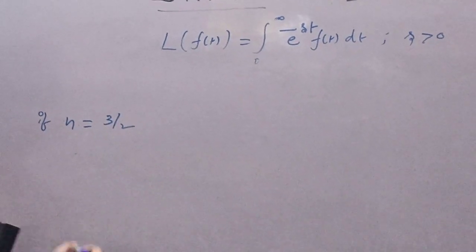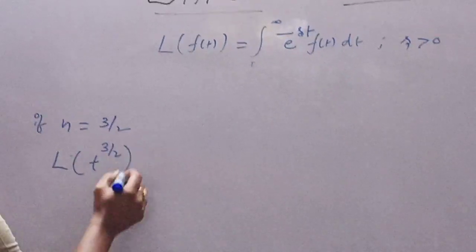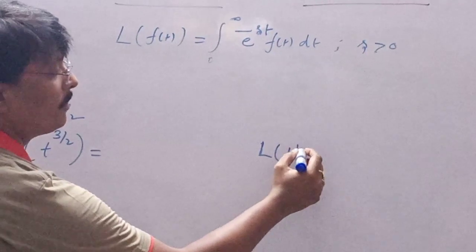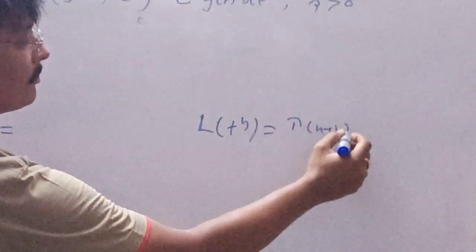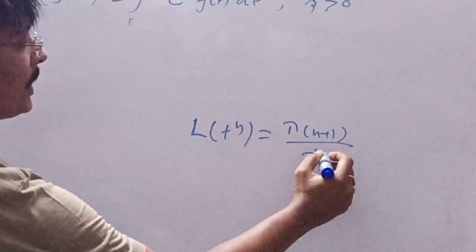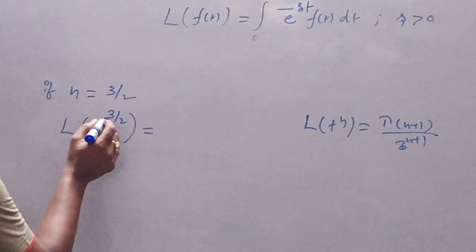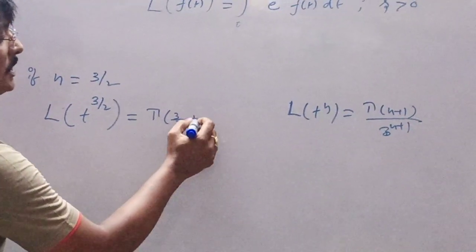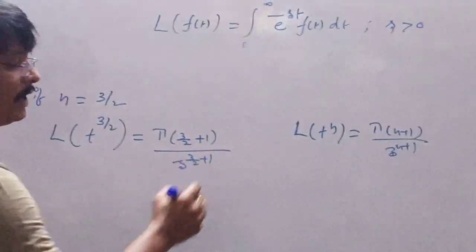Then the Laplace transformation of t to the power of 3 by 2, as per the formula, Laplace transformation of t power n equals gamma of n plus 1 by s to the power of n plus 1. So taking t to the power of 3 by 2, it is gamma of 3 by 2 plus 1 by s to the power of 3 by 2 plus 1.